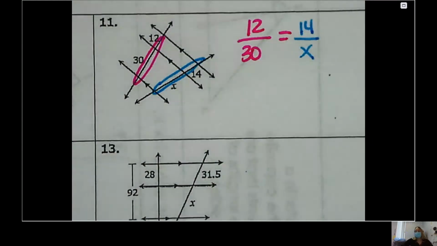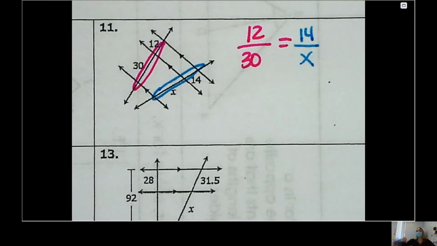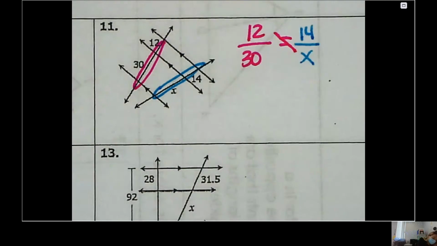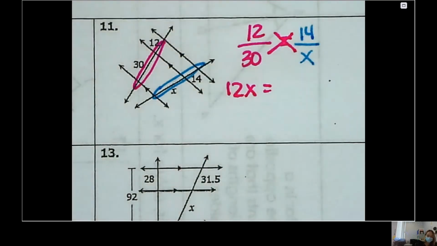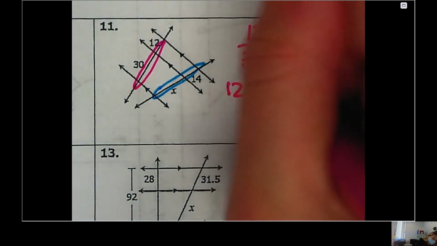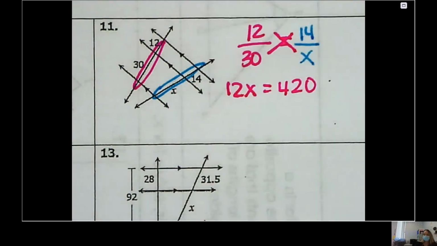Cross multiplying. I hope you're noticing you're doing the same thing over and over again. All right, so when I cross multiply, what's 12 times x? What's 30 times 14? It's a big number. 420. Okay, one step. How to get the x by itself?